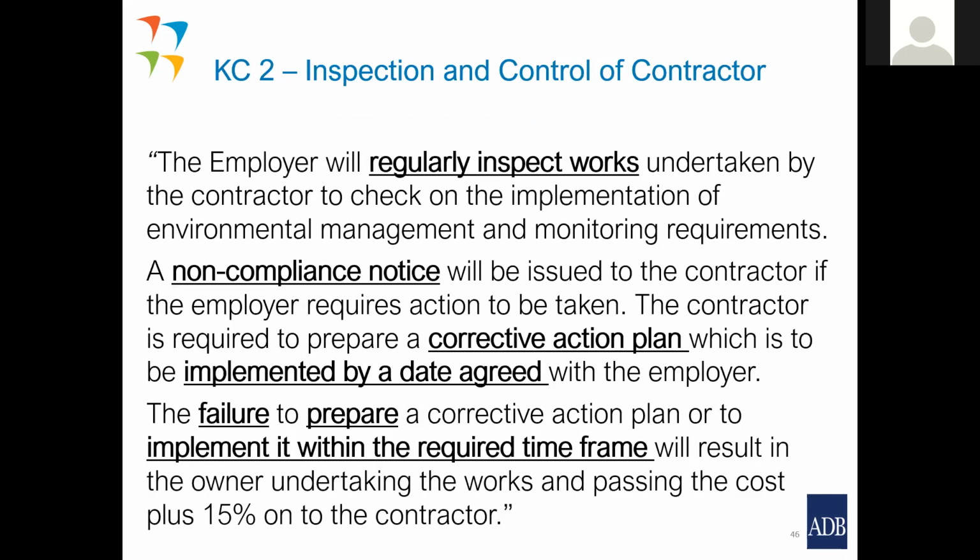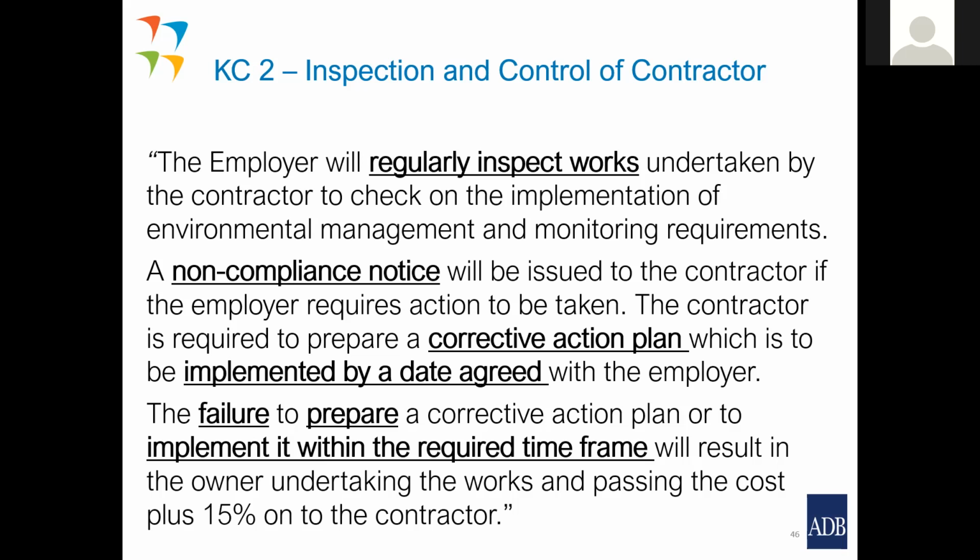And key component two, inspection and control of the contractor. You need to give notice that he is going to be inspected. And here is an example clause. The employer will regularly inspect works undertaken by the contractor to check on the implementation of environmental management and monitoring requirements. A non-compliance notice will be issued to the contractor.